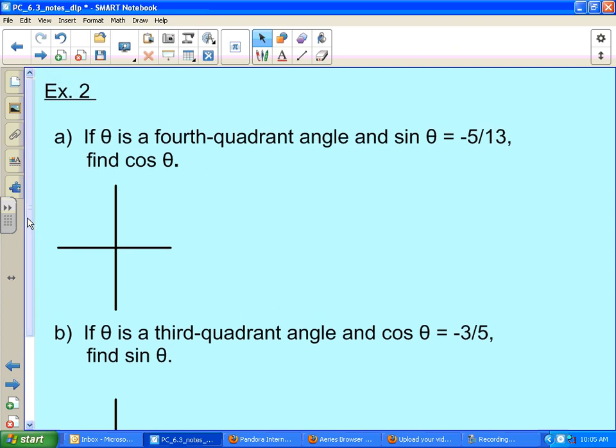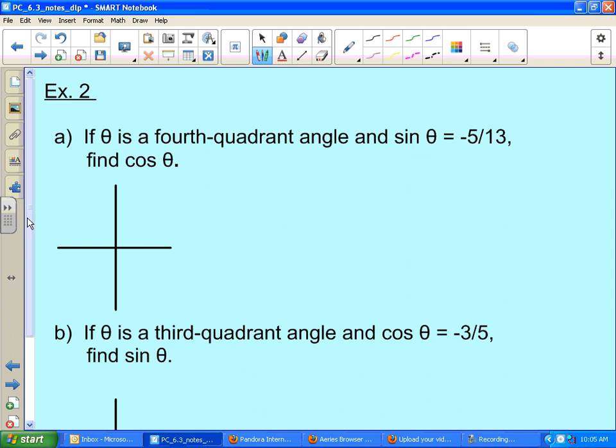So we got a 4th quadrant angle, and it says the sine of this angle is producing that ratio. And now we want to find the cosine.